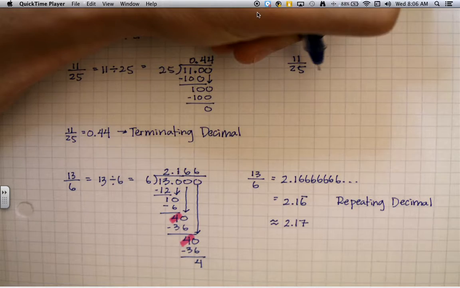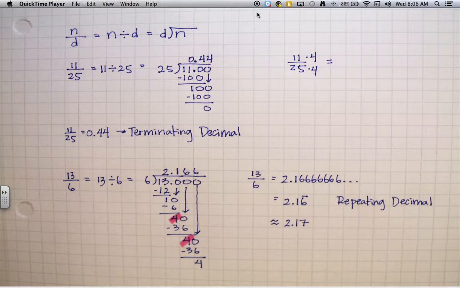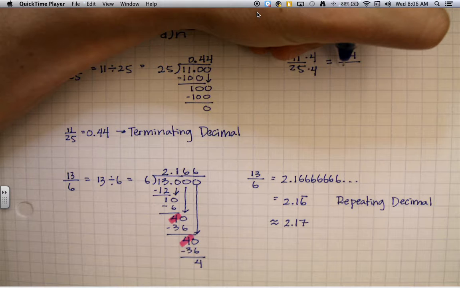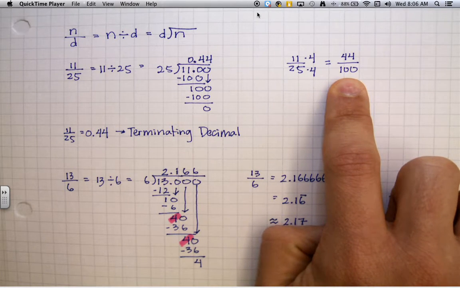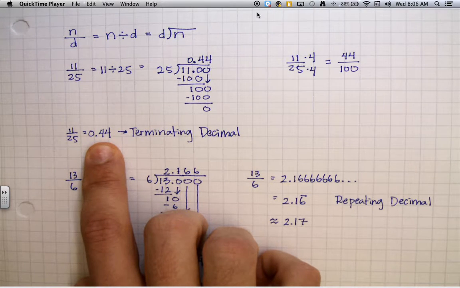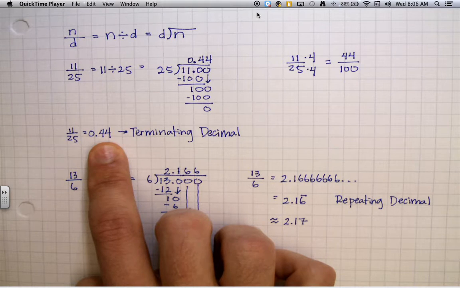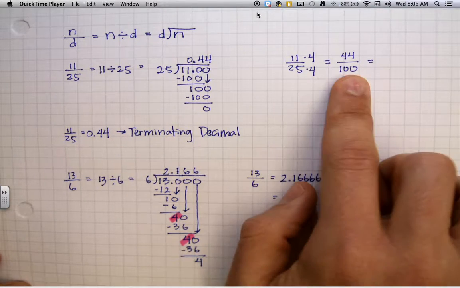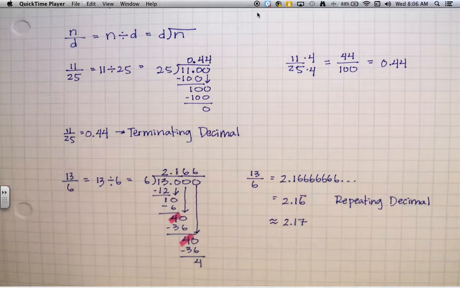So if I scale this fraction up by 4 in the numerator and denominator, I get 11 times 4 is 44, 25 times 4 is 100, and this fraction is 44 hundredths. Well, the proper way to read this decimal number is 44 hundredths, not 0.44, even though that's how a lot of us read it. So 44 hundredths, back up here, translates exactly into 44 hundredths in decimal notation.